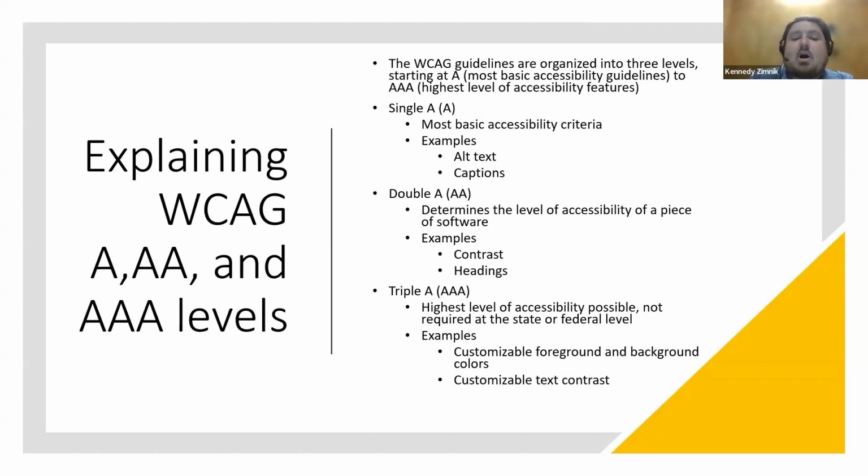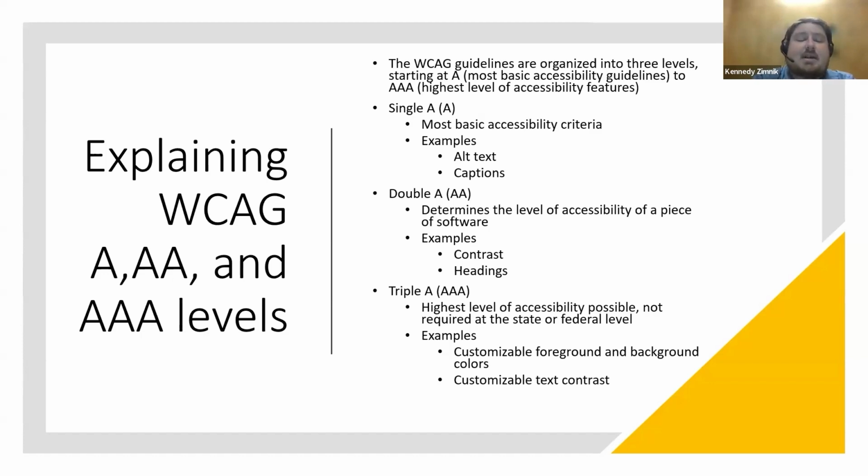Some examples are alternative text for images, so those are short descriptions of images. If the context makes sense, then those images do need alt text, and captions for pre-recorded video. Also things like headings, properly labeled buttons, very basic things.